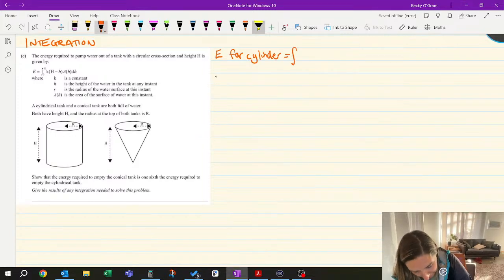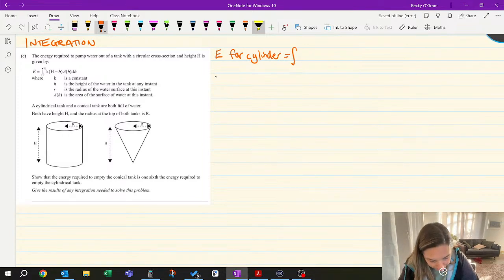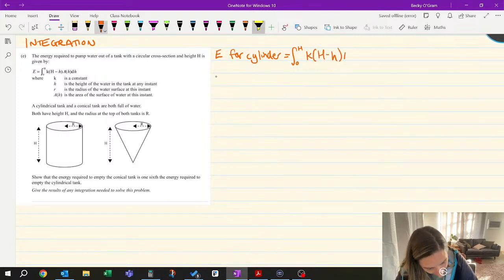Right, let's use that integral that we've got just there. So we're using between 0 and h, which is just the number of how high we've gone. So it is a number, it's a constant, we just don't know what it is. And we're going to put in the details that we can for this equation that's given in the question.